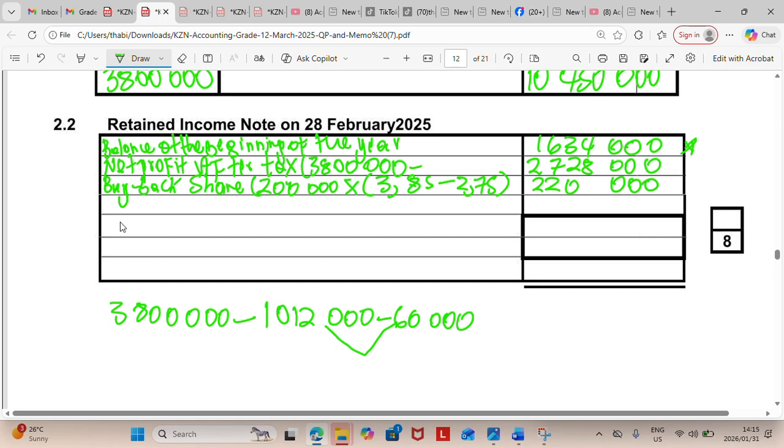So what else do we record, guys? Dividends, interim, and also final dividends. That's right. Dividends. We have interim and also final dividends.